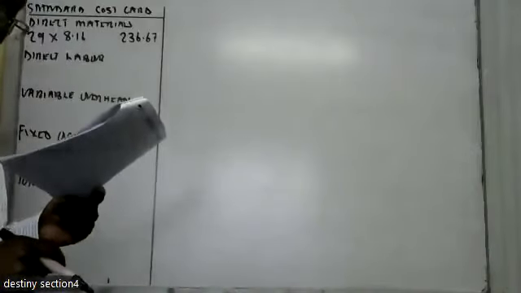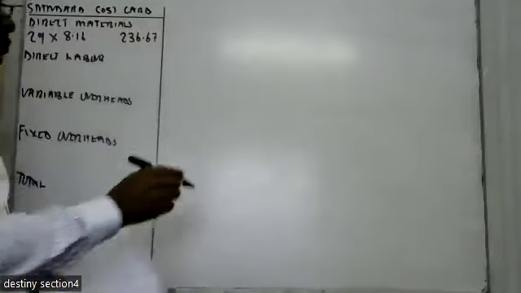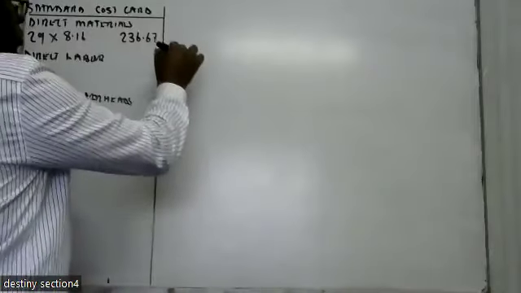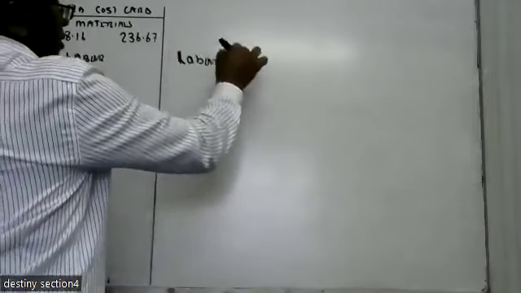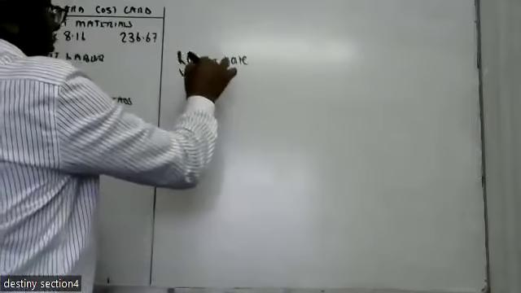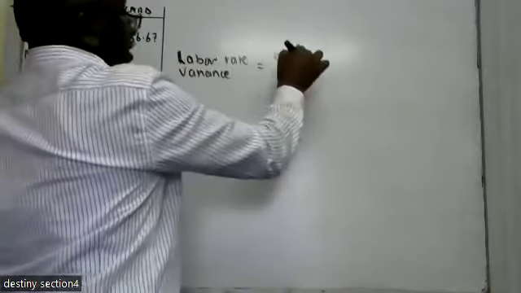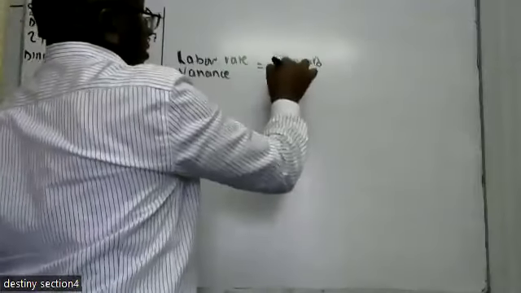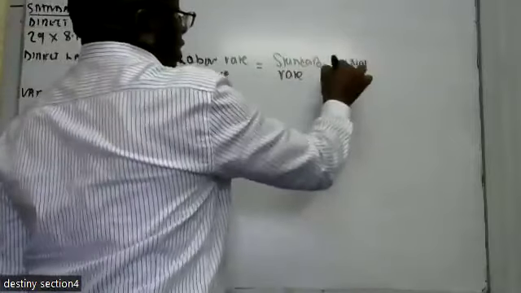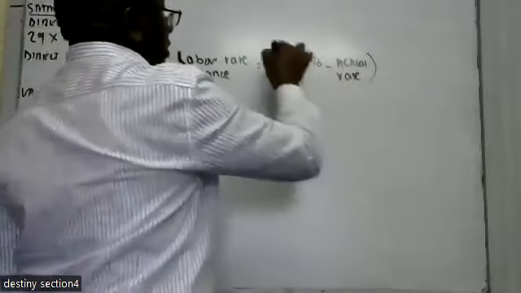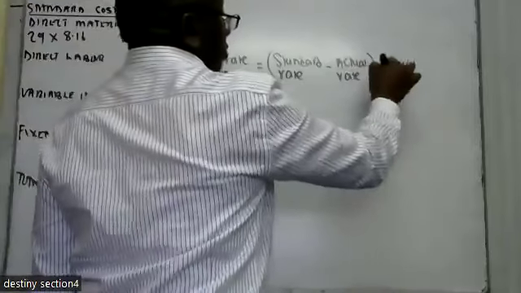Labor, we have direct labor rates. So labor rate variance is equal to standard rate minus actual rate, multiplied by actual hours.